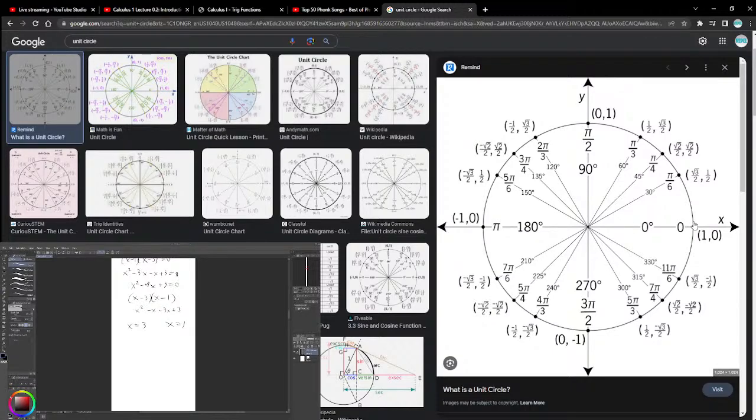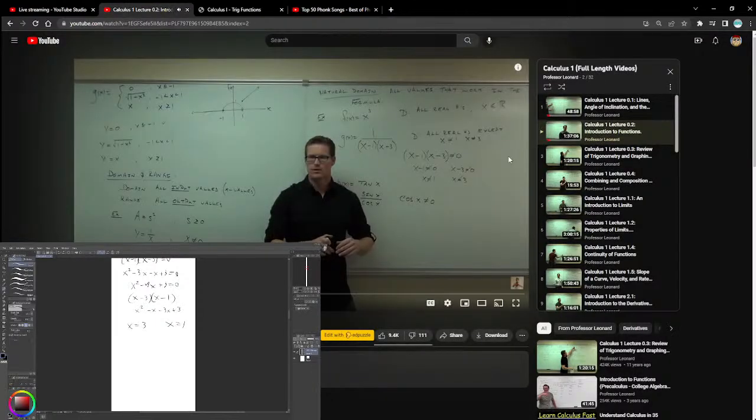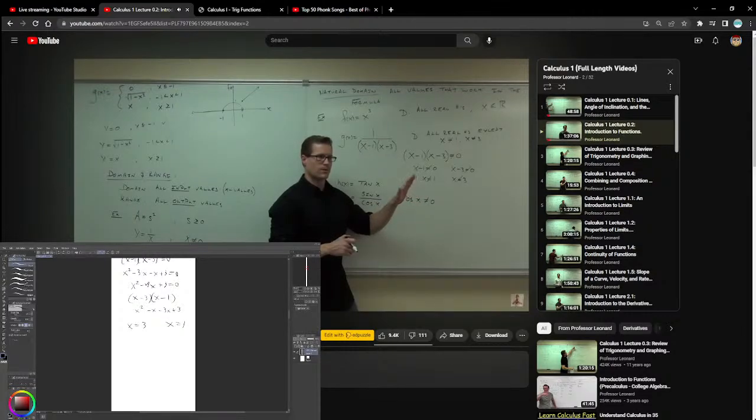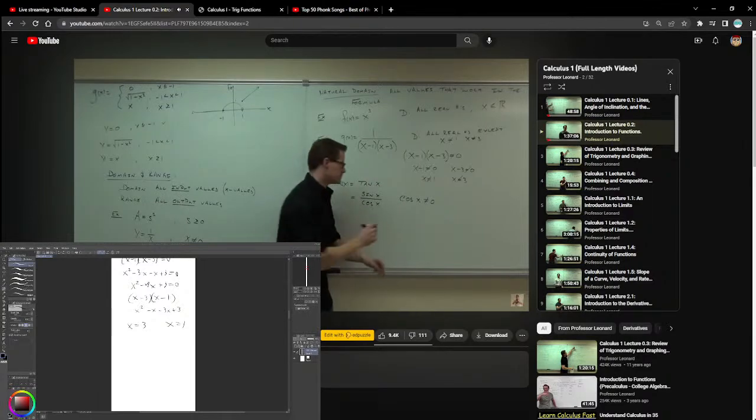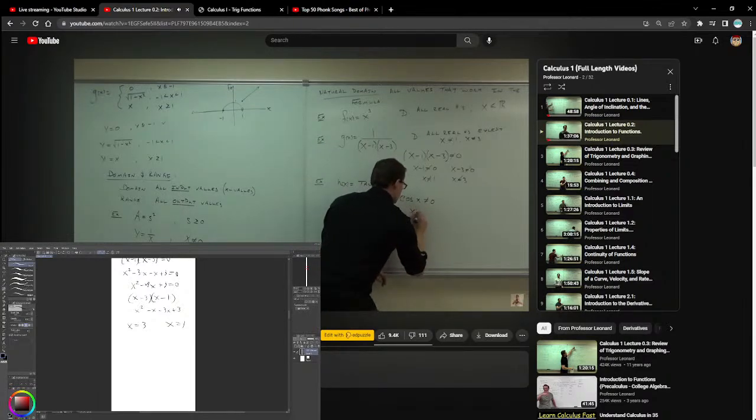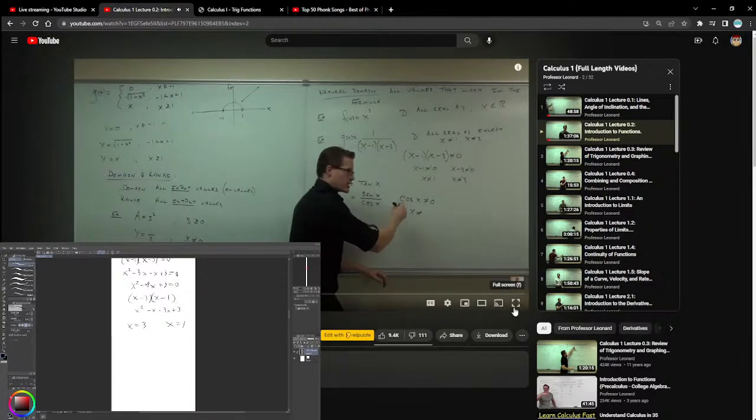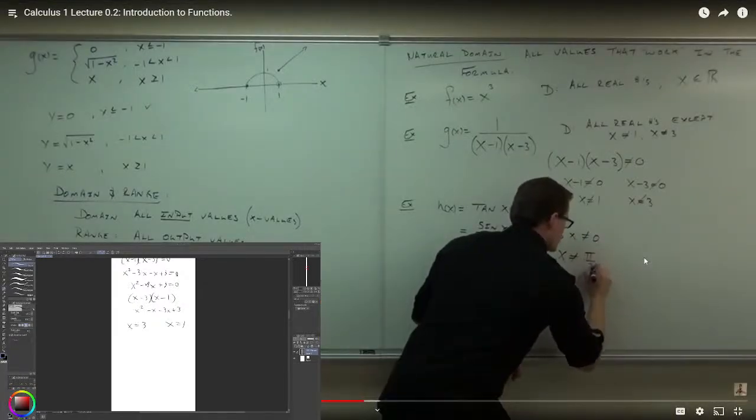Pi over 2 and 3 pi over 2. Do it in terms of radians. Pi over 2 is one of them. And 3 pi over 2. So x can't equal, that's why I'm using this right here, x can't equal pi over 2.